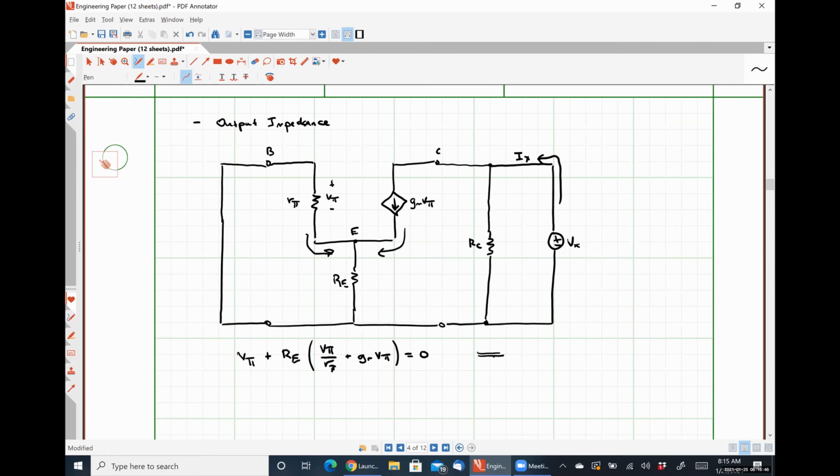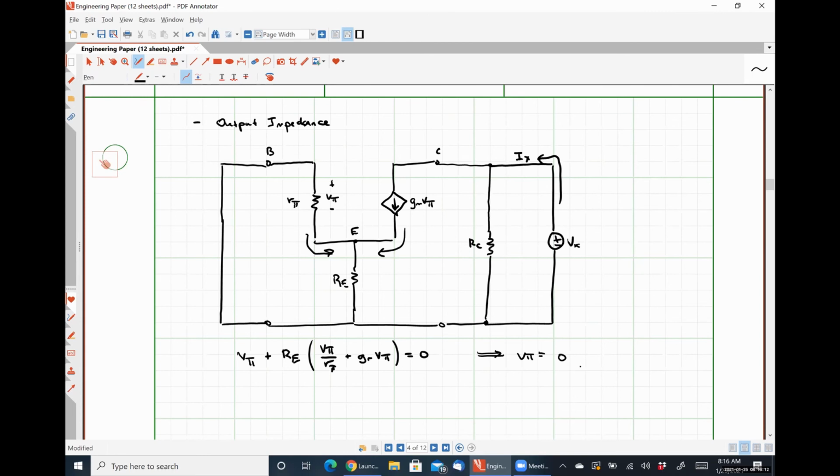What does this tell us about the voltage V pi? It's 0. It has to be 0. Absolutely right. The only way that this mathematical statement can be true is if V pi is equal to 0.